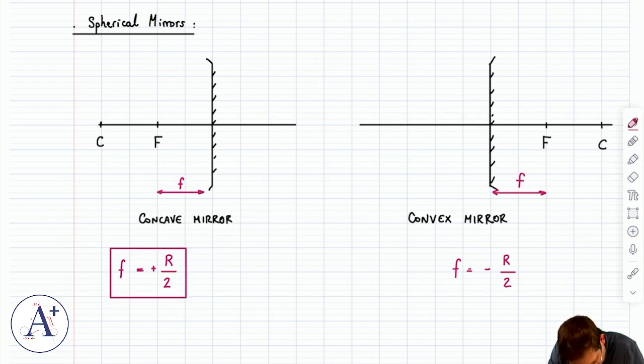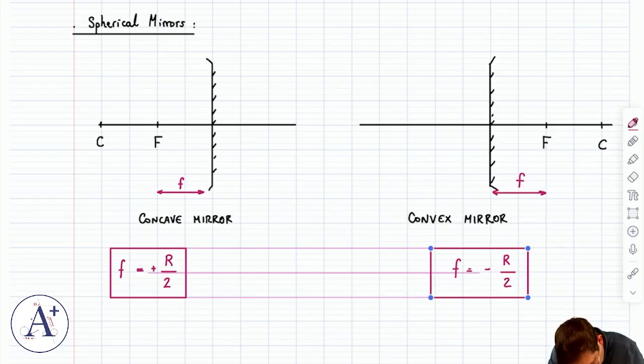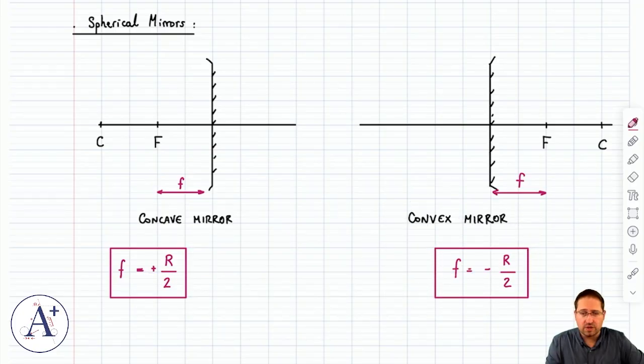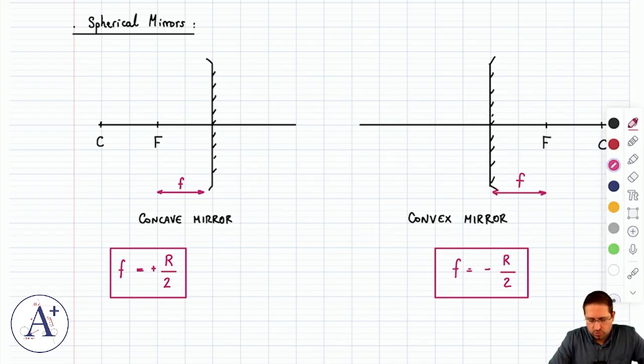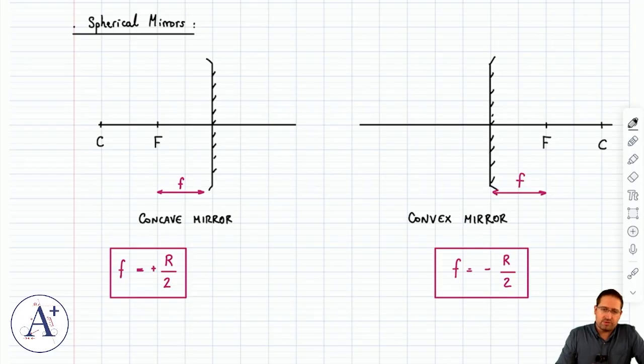And of course the sign matters. The plus or minus is going to matter when it comes to the mirror equation. But the point is, one type of mirror has a positive focal length, the other one has a negative focal length.